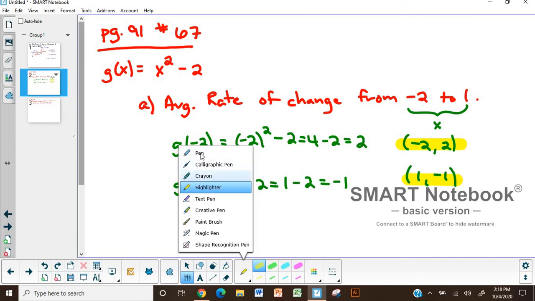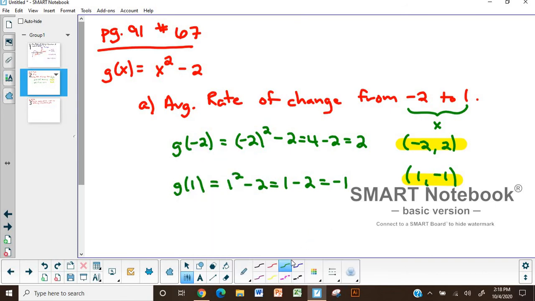It doesn't matter which point you want to be x1, y1, and which one you want to be x2, y2. I'll let this first point here be x1, y1, and the second point be x2, y2. So for the slope, m, that's y2 minus y1 over x2 minus x1. Our y2 is negative 1. Our y1 is 2, so we have negative 1 minus 2.